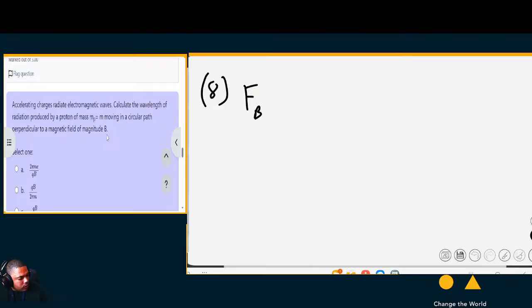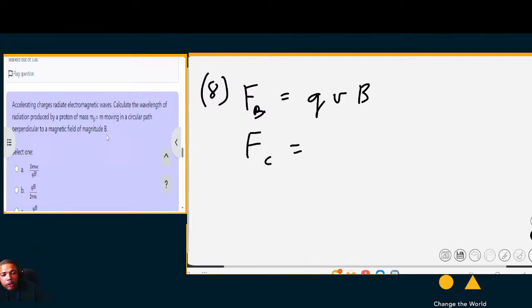Now this magnetic force, let's just say F_B, from your studies on magnetic fields, is equal to qvB, the Lorentz force, since the velocity in this case is perpendicular to the magnetic field. So that is the magnetic force.